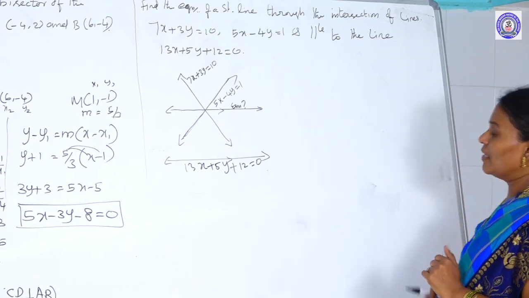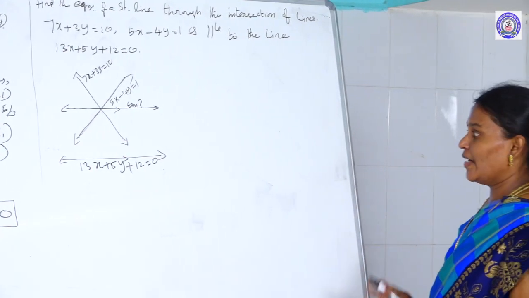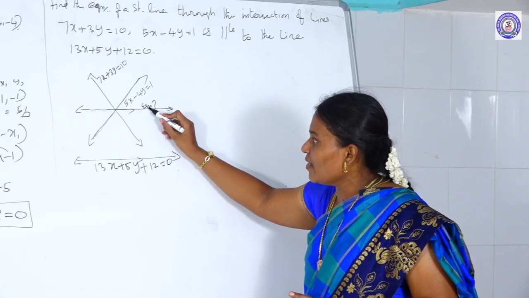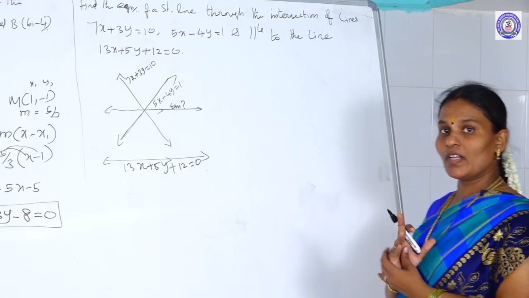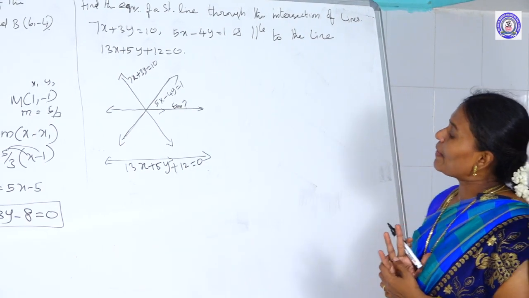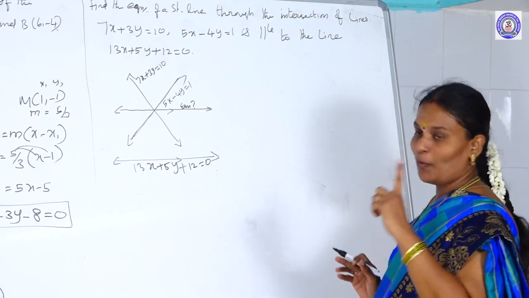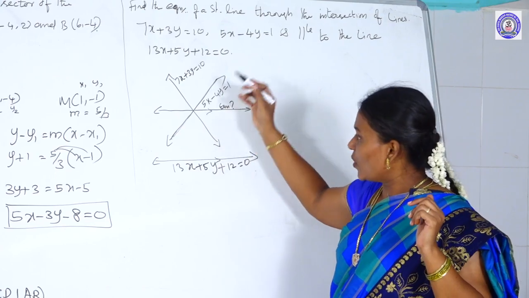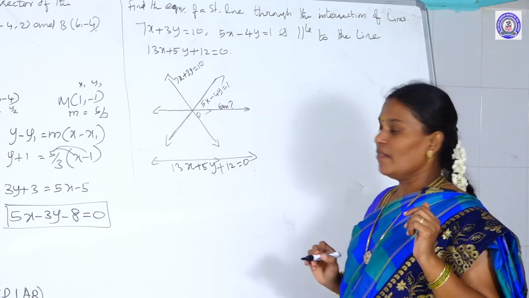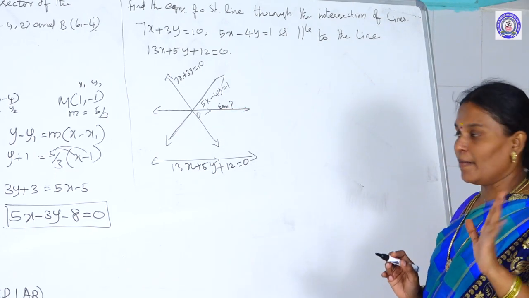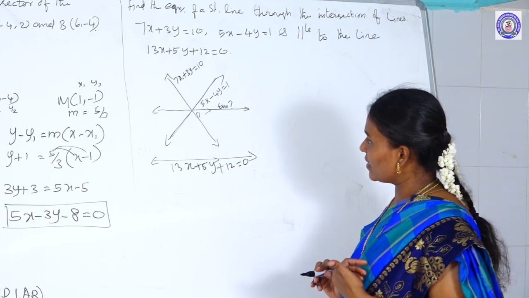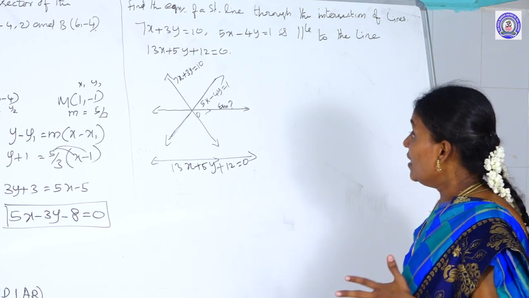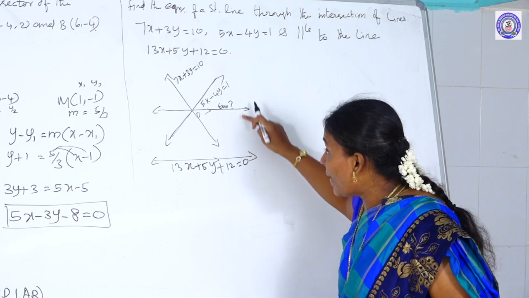Okay, so now these two are parallel. First you have to find this equation. How do you find it? We can find one point, that is the point of intersection. Consider that point is O. Next, these two are parallel.